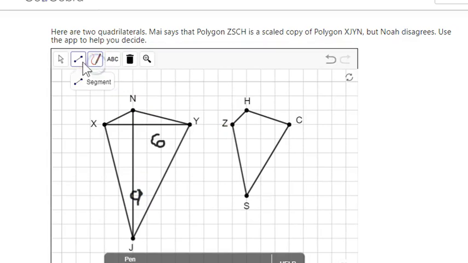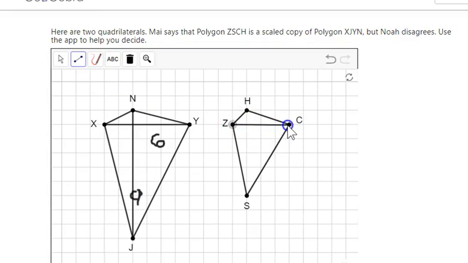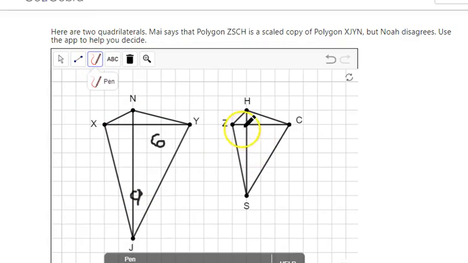Now, if this is truly a scaled copy, then when I look at the vertical and the horizontal, whatever I scale the horizontal by, I should be able to use that same scale factor on the vertical, right? Because then that should be the same.